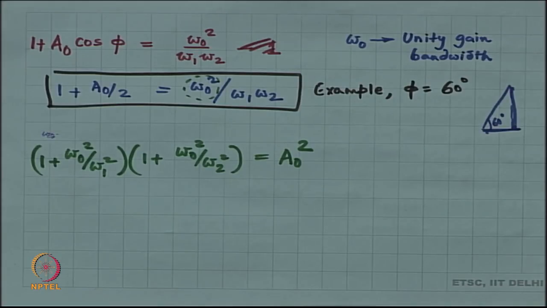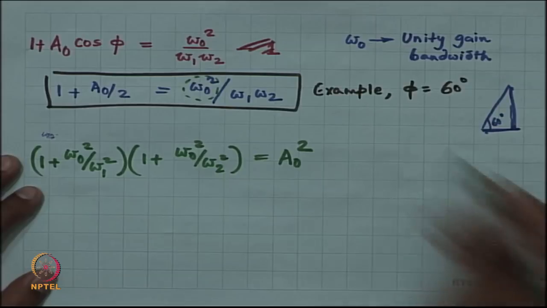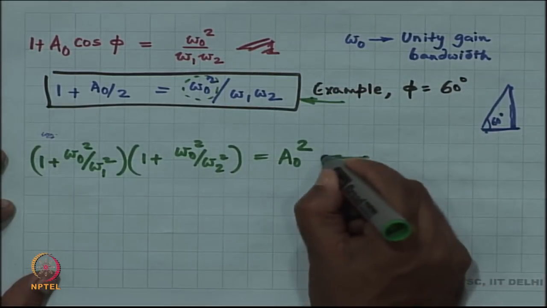The other possibility is that we eliminate omega naught squared from this setup. I do not like omega naught squared coming in the way. I want a relationship between omega 1 and omega 2, and that is it. There should not be any omega naught squared in between to interfere. So, I have two relationships, one is this, the other is this.